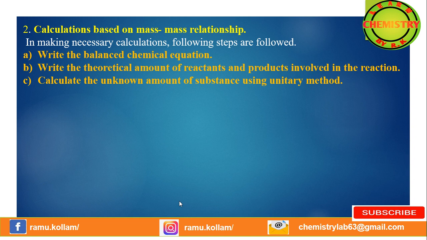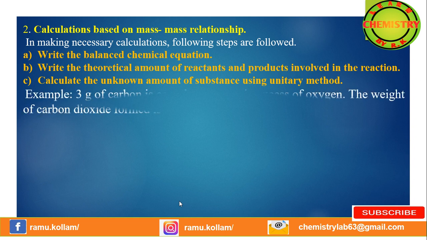These are the steps we need to follow whenever we are finding the amounts, moles or volumes of the reactants and products. For example, 3 grams of carbon is completely burned in excess of oxygen, the weight of carbon dioxide formed is? Here 3 grams means mass, and the weight of carbon dioxide formed means mass.